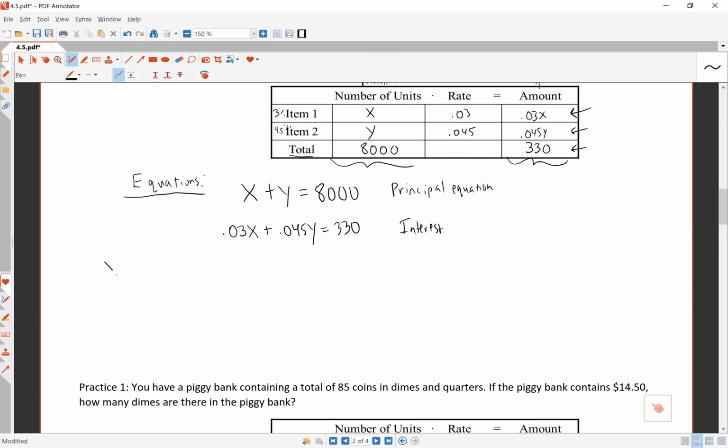So I'm going to take the first equation, X plus Y is 8,000, and I'm going to create the opposite of 0.03 by multiplying it by negative 0.03.